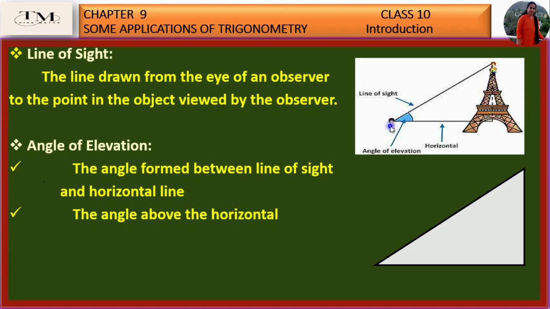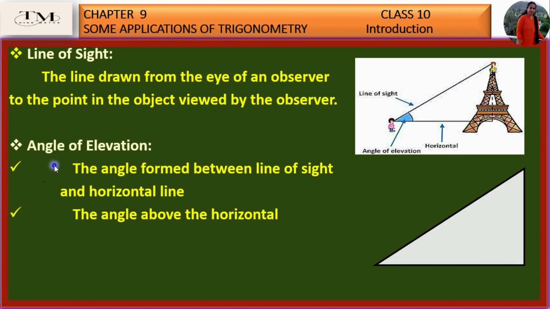She is the observer, and the boy is the point in the object viewed by the observer. This line is called the line of sight, from the eye of an observer to the place where she views. She looks at this boy, so this is called the line of sight.